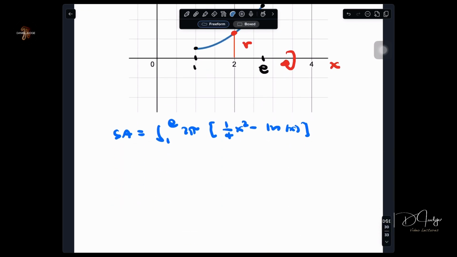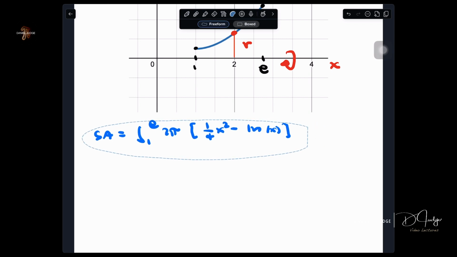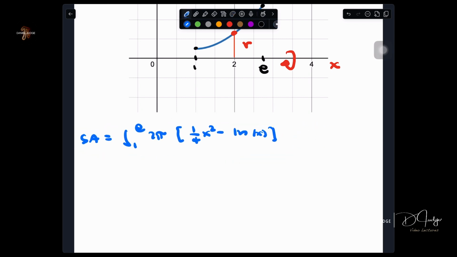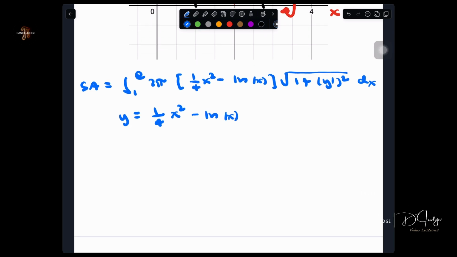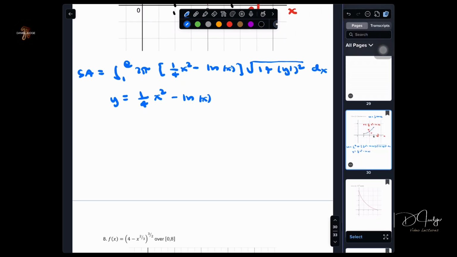Okay, and then your ds now is going to become square root 1 plus y prime squared dx. Okay, y is 1/4 x squared minus natural log, so that the derivative is what we have to take.